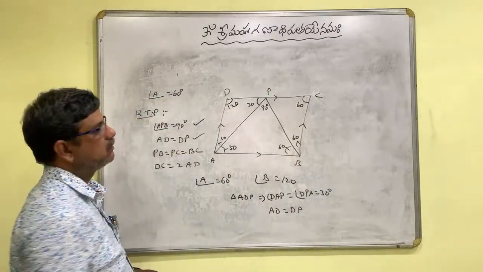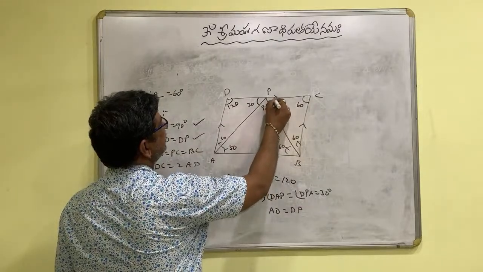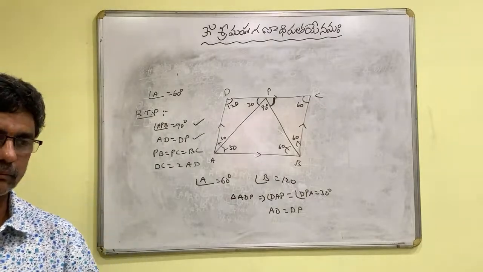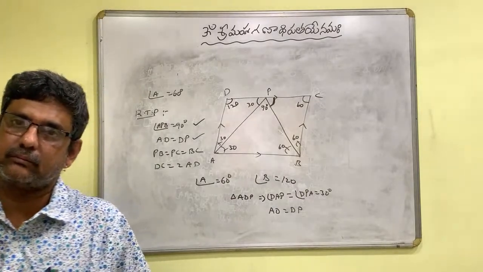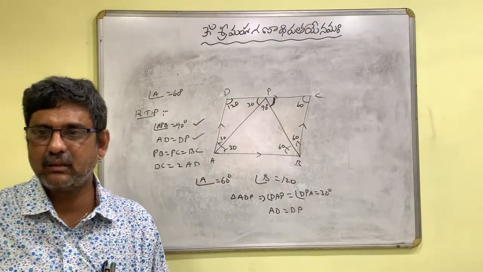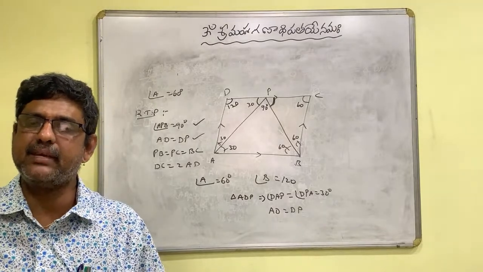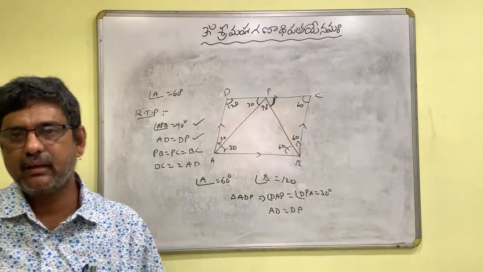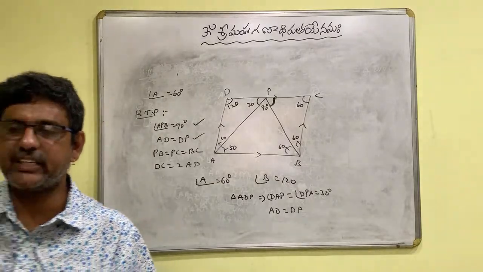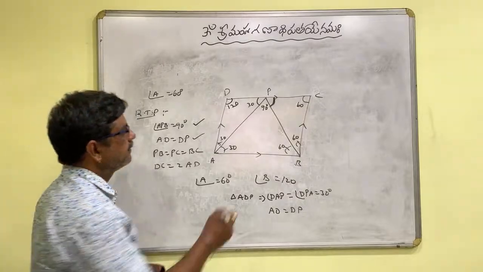Now, look at this. What is the measure of this angle? Angle CPB is also 60 because in that triangle two angles are 60 degrees, so the remaining third angle is also 60.